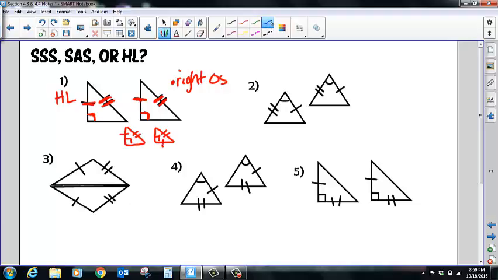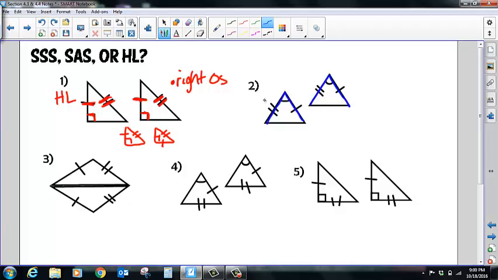Now, in the second example, let's take a look at what we have. Well, how many sides are marked congruent? We have one side here, and then we have the other side here. So we have two sets of sides. So we know we're either going SSS or SAS, and then we have to look at that other piece.